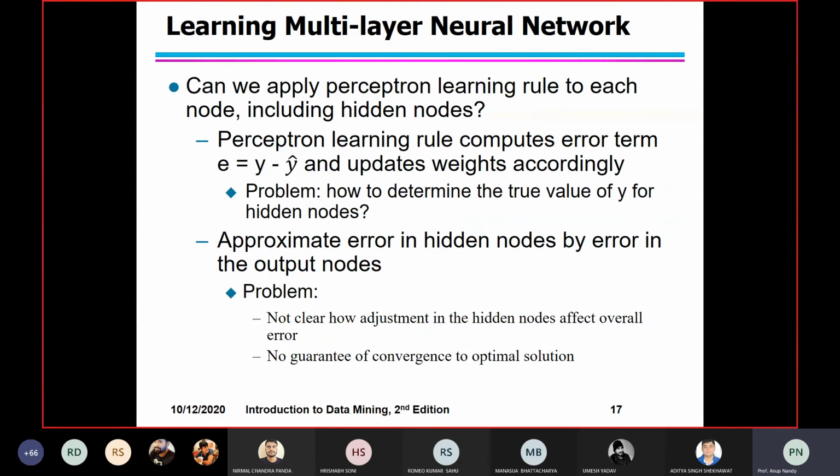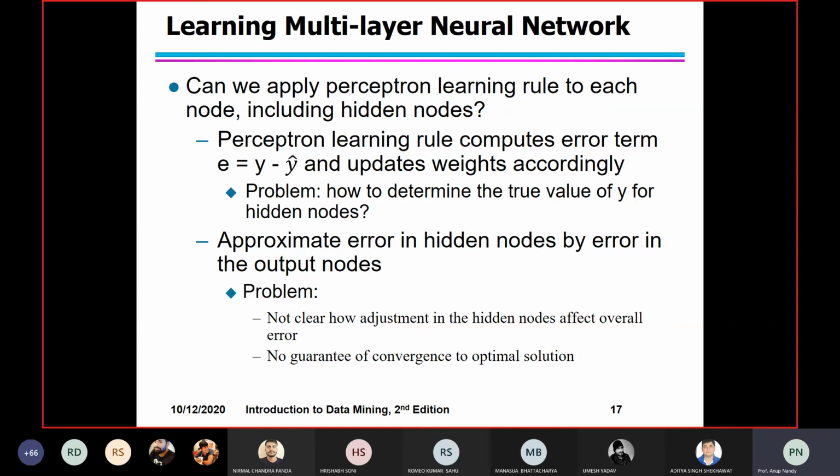Now whenever you learn it, you can apply a perceptron learning rule to each node, including these hidden nodes. This perceptron learning rule computes the error, E is equal to y minus y hat, where y is your desired output and y hat is the actual output generated by your network, and you have to update the weight accordingly.